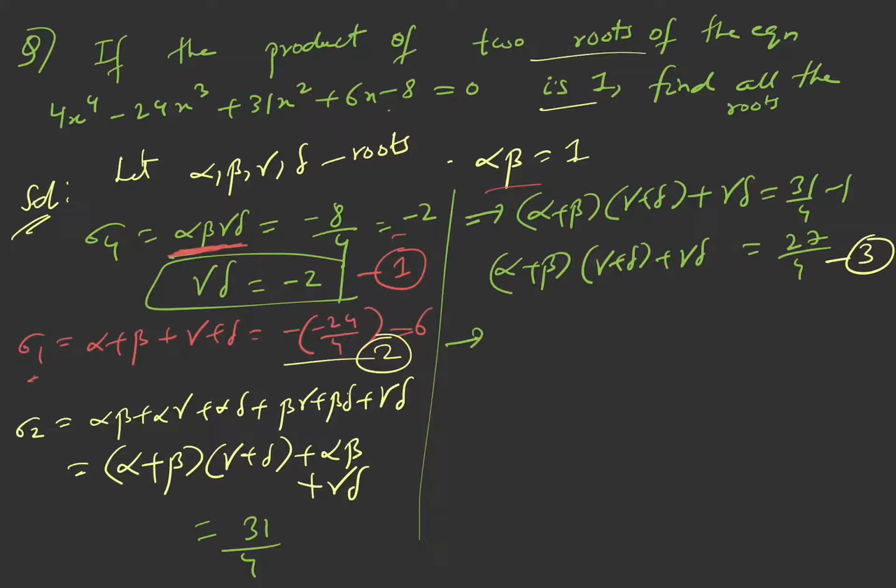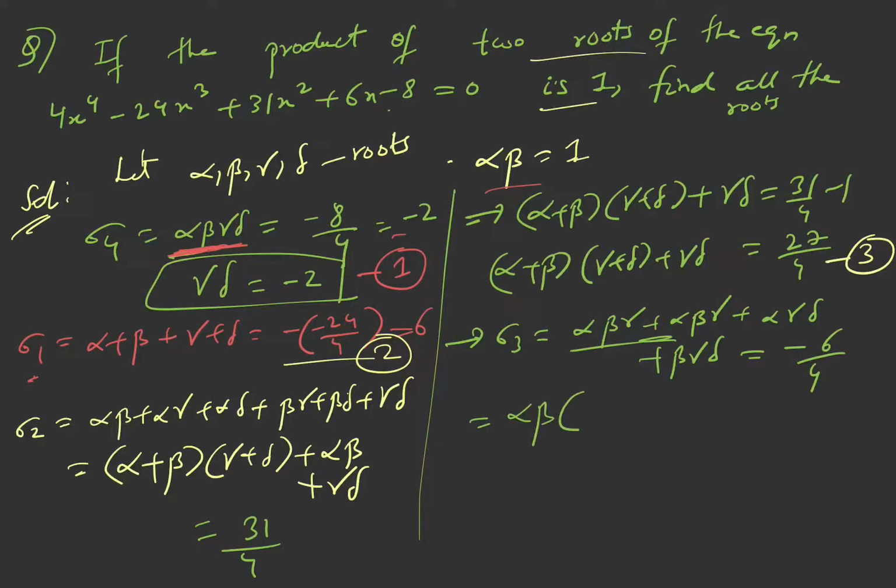Fine. So now let us go for sigma 3. Sigma 3 is what? Alpha beta gamma, alpha beta delta, alpha gamma delta, beta gamma delta, and this is equal to minus 6 by 4, right? So this you can write as, let us take alpha beta common in these two terms, so you will get alpha beta into gamma plus delta plus gamma delta into alpha plus beta.